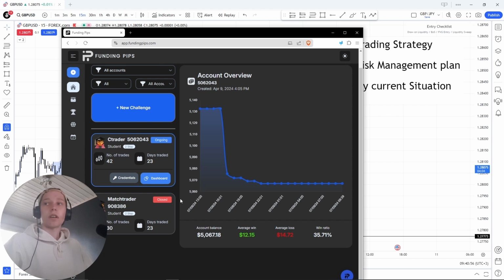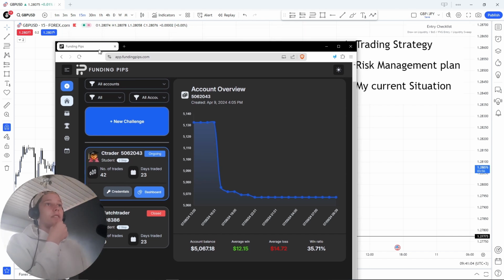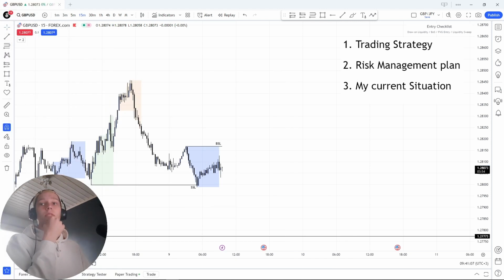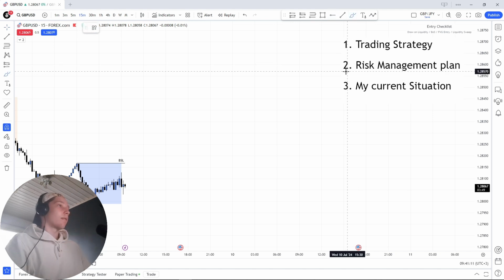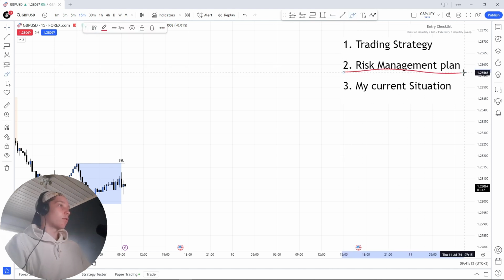Sometimes I'm risking 0.5%, most of the time around 1%, and then sometimes I feel extra confident and take 2% risk and then I lose, because why not? But yeah, risk management is the most important thing in trading.